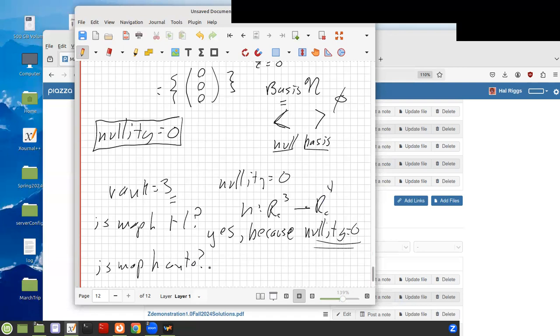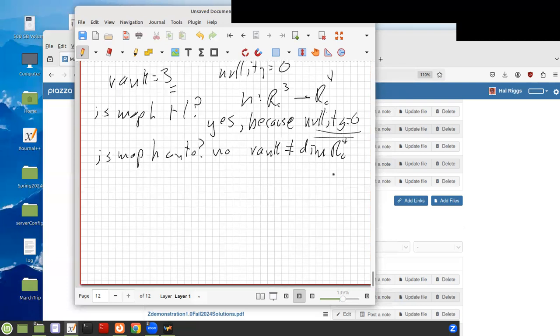No. So it's not onto, because the rank is not equal to the dimension of the codomain. Okay. Let us do another one.